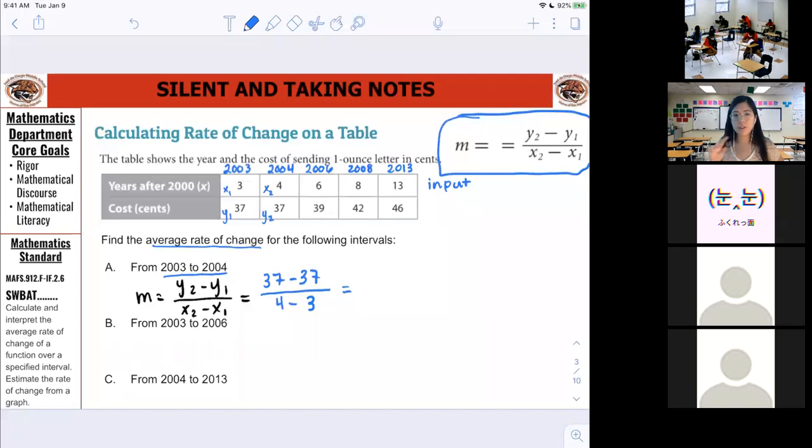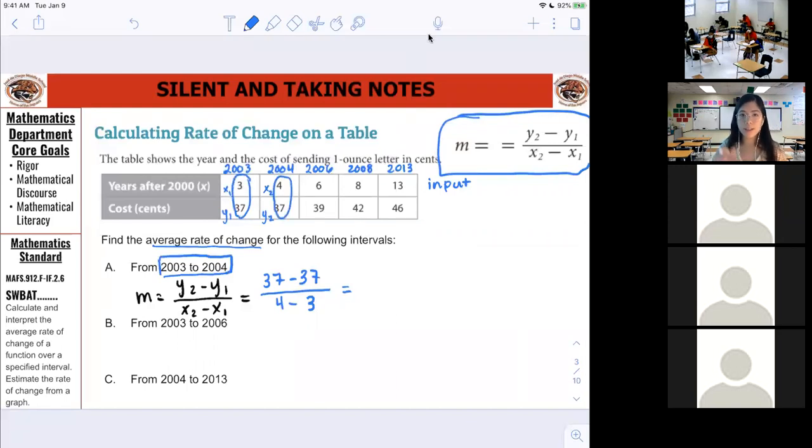Do I have any questions so far on how I picked those numbers to go in there? No. Wait, you picked them because they have the same output? So I picked those numbers. First of all, it wants me to find the rate of change from 2003 to 2004, right? So I had to look at my table and look at the numbers for 2003 and look at the numbers for 2004.